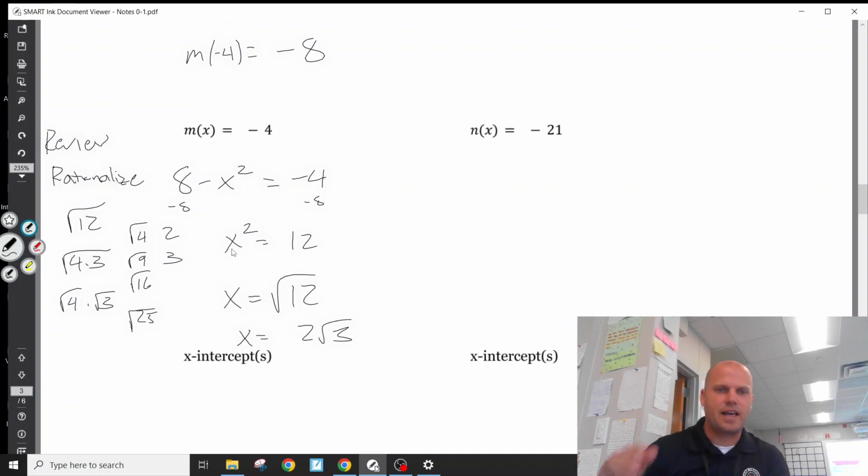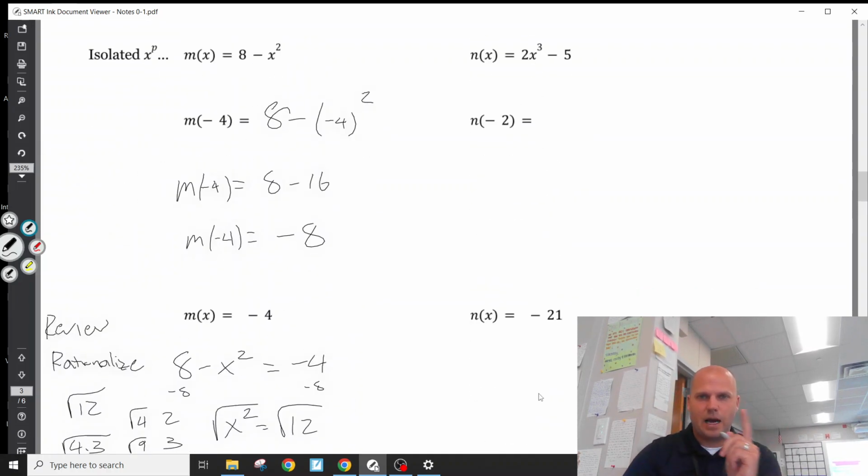Whenever we understand that an unknown squared gives us a positive, the unknown could have been positive or negative. Whenever we use a square root to solve an equation, we need a plus or minus. Any even power, plus or minus. Now we have this one over here, which is important because cubing is multiplying by itself 3 times.